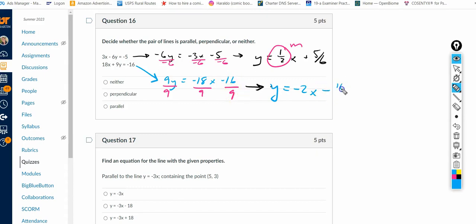I don't need to simplify that because I just need to get the slope. And the slope here is -2. Now 1/2 and -2 are negative flips of each other. If I take 1/2 and flip it, I get 2 over 1, which is 2, and then negate it, I get -2. So once again, these are perpendicular.